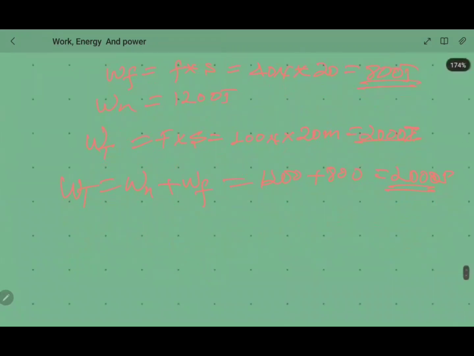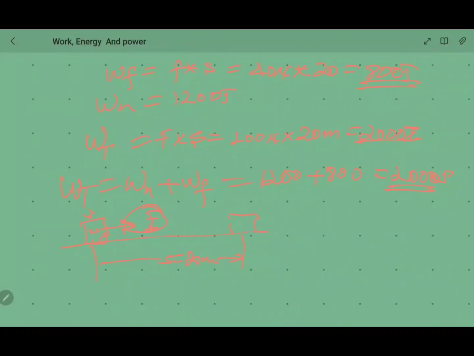The idea here is that the mass M is pulled on a rough surface by an applied force F. The force F displaces the mass through a distance of 20 meters. Through this force, some energy is transferred to the mass.